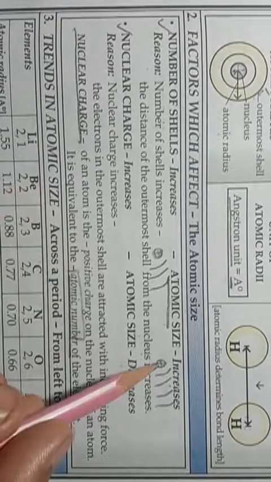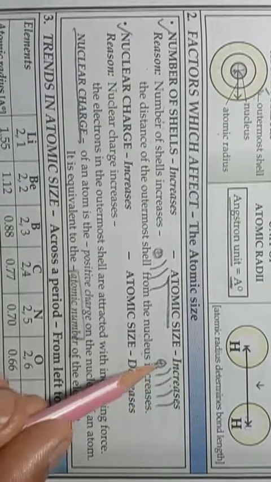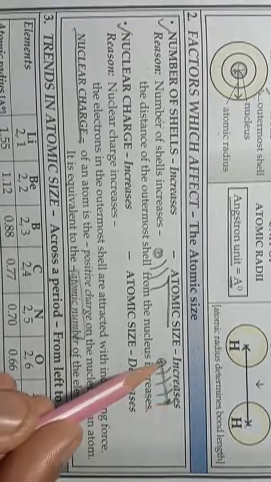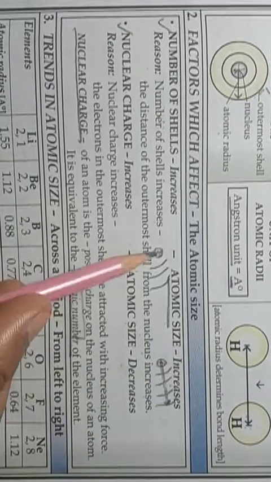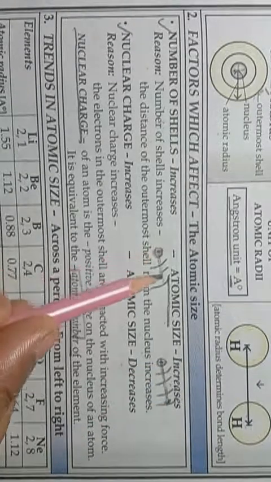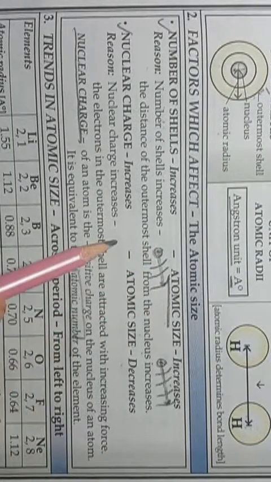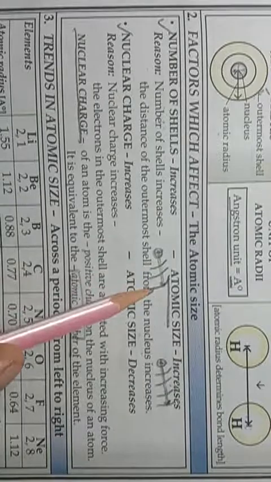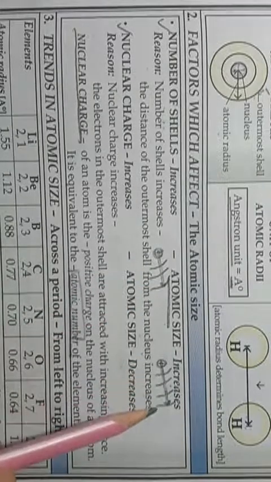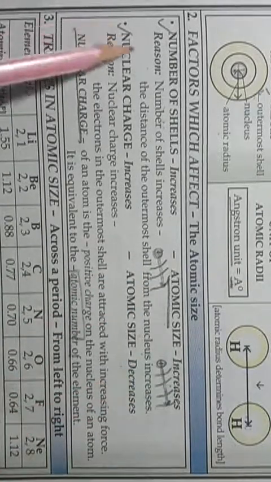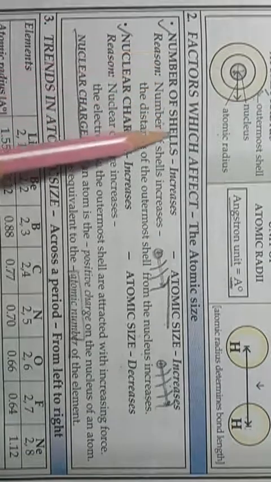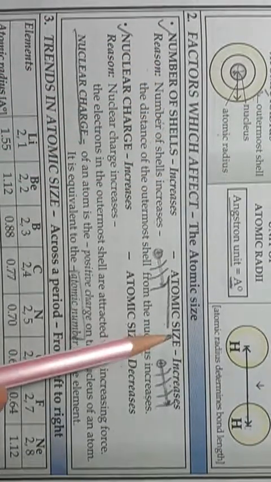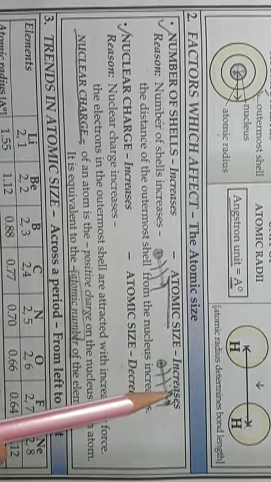Okay, so the distance in potassium from center to the outermost shell will be greater than the distance from center to the outermost shell in the case of sodium. Why? Because sodium is having just 3 shells and potassium is having 4 shells. Okay, so as the number of shells increases, atomic size or atomic radius also increases.